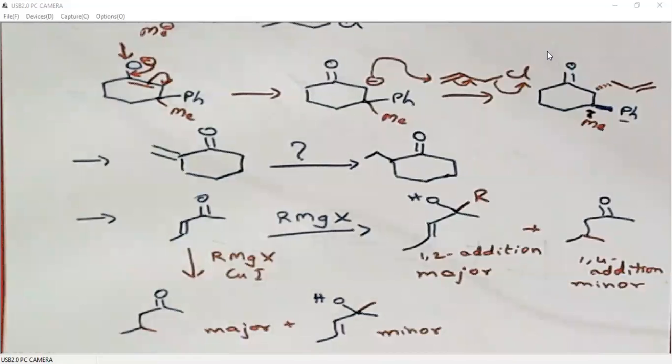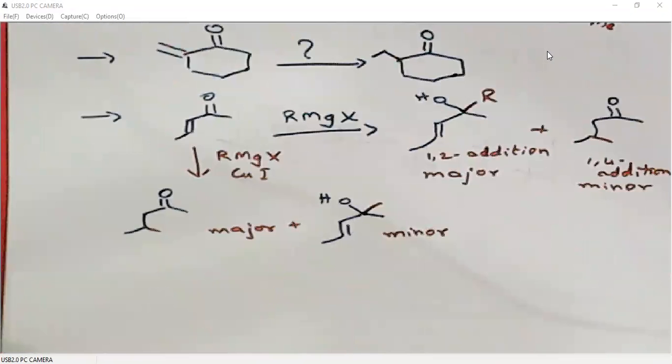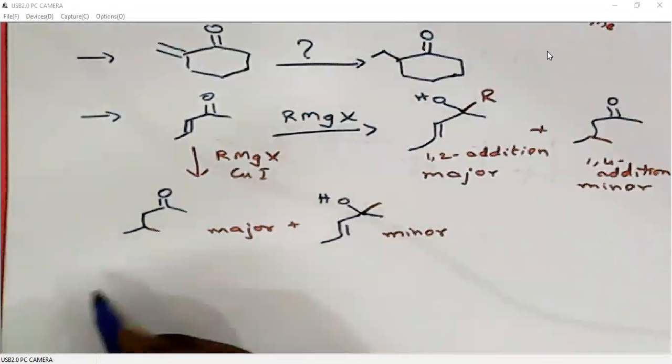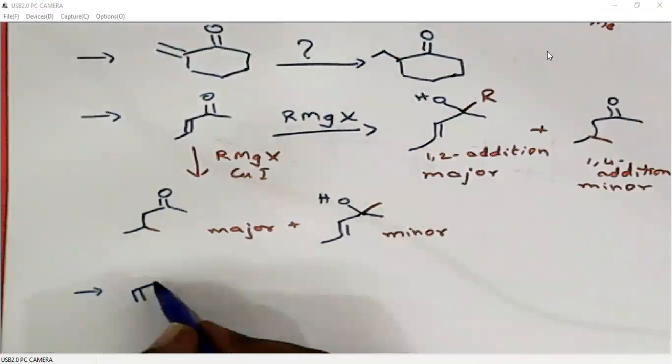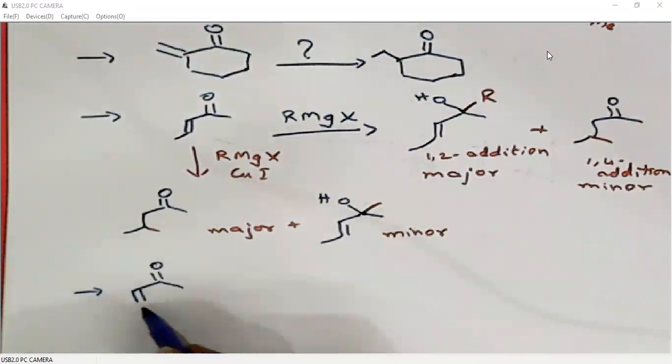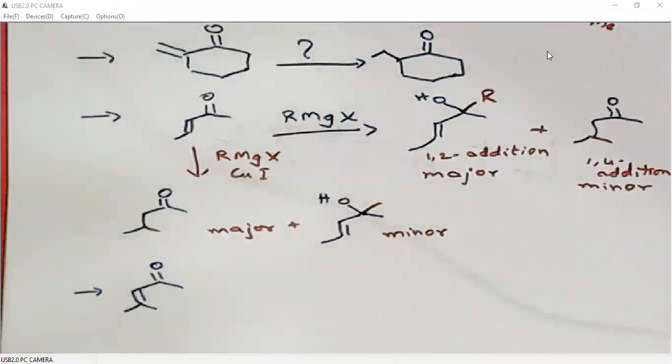So that means when we use Grignard reagent, there is a possibility for both major and minor products. But when we create steric crowding in such a way, see here, this carbon is more sterically crowded because it has two substituents.